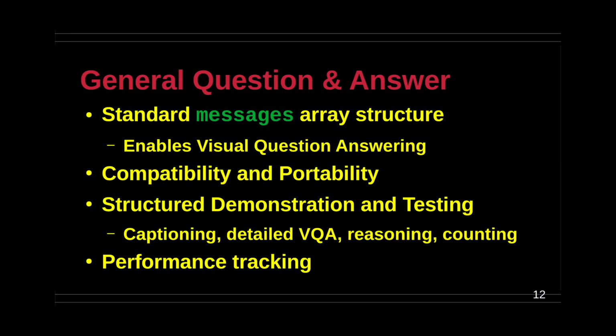Structured demonstration and testing. The demonstration suite includes a predefined list of 4 general question and answer tasks to showcase the model's different capabilities, including simple captioning, like describe the scene, detailed visual question and answer, what is the woman doing, reasoning, suggest a caption, object counting, how many dogs are visible.